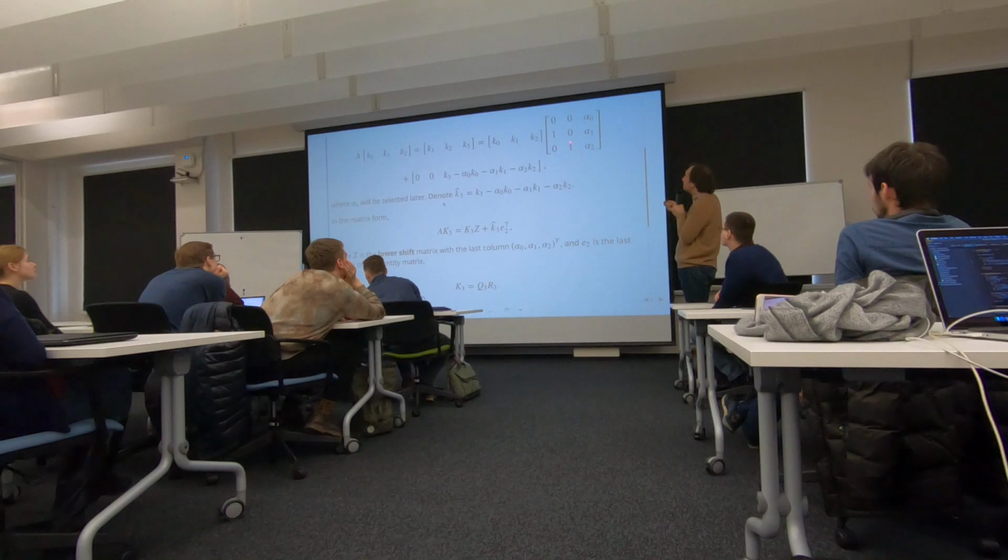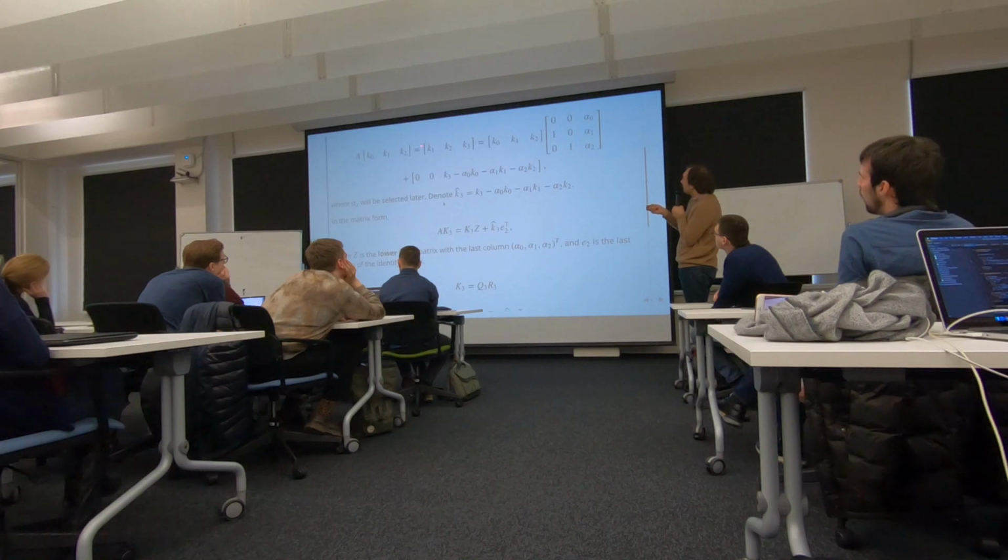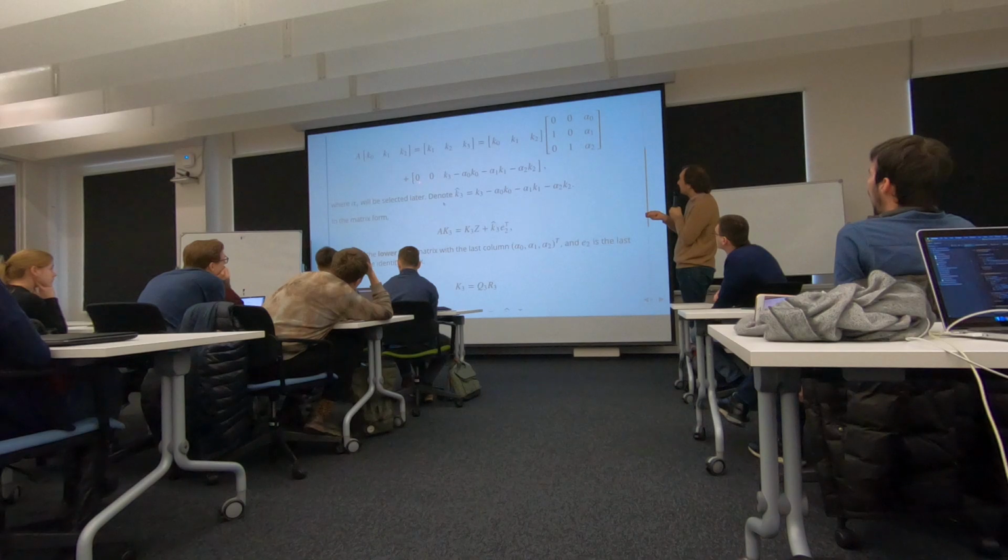This part of the matrix is determined uniquely, but here we can subtract anything we want. So this is A times K equals K times something plus a correction here.